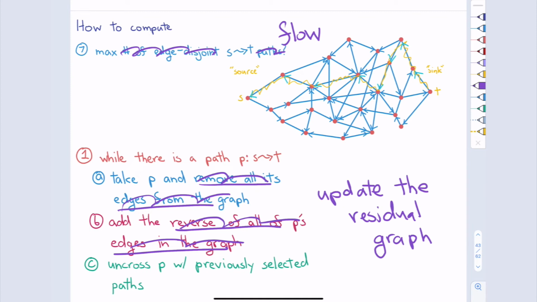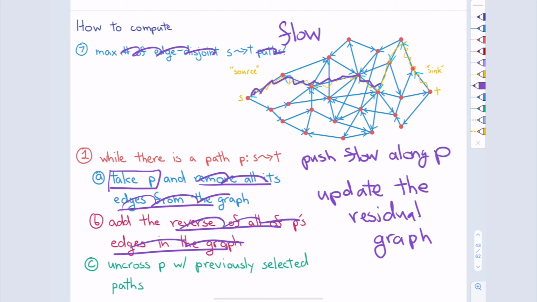One thing that I'm allowed to do is, instead of taking the path P, push flow along P. If I find this path, I might push water and increase all the values of the vector.